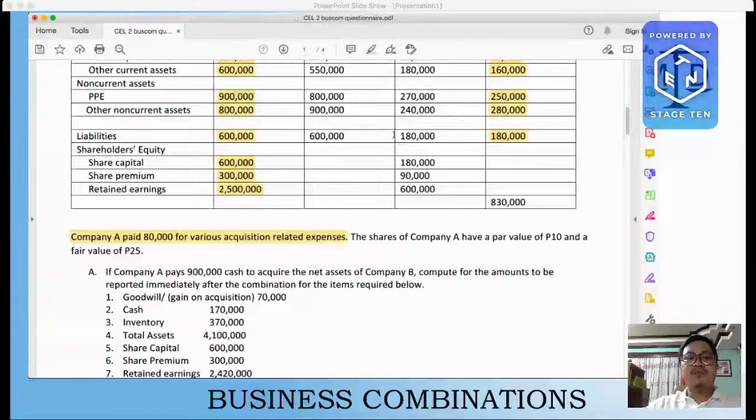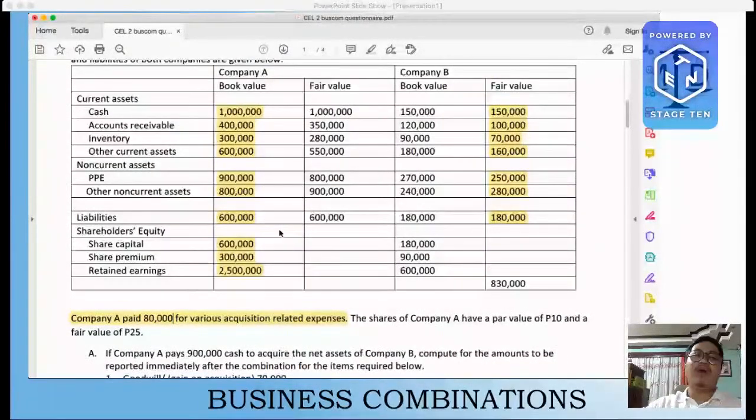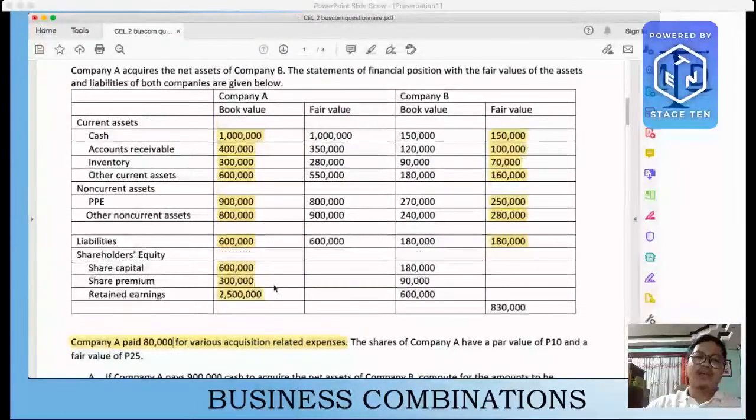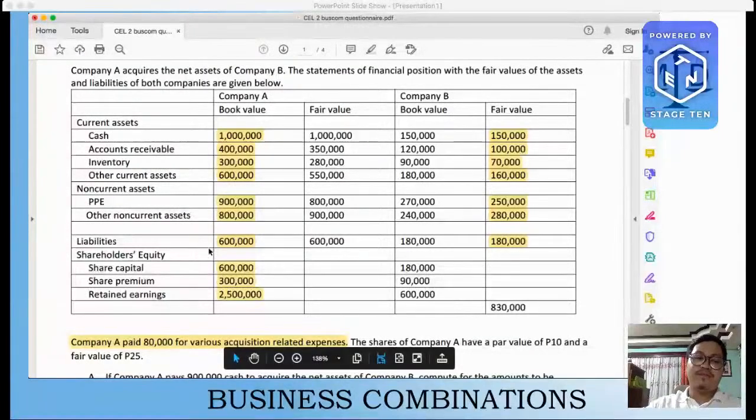So when you're asked for the shareholders' equity reported immediately after the combination, it's not a combined amount, but only the shareholders' equity of the acquirer or the surviving entity. But just do not forget, if you're asked for the retained earnings after the combination, please take into account the expenses.